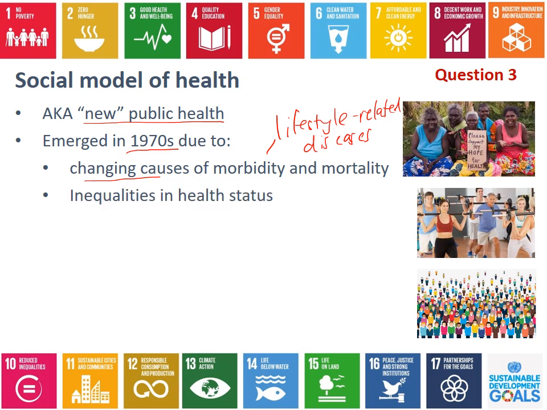Another thing that became really evident at that time was these inequalities in health status. A lot of these we looked at in Area of Study 1, but inequalities, for example, between people with high socioeconomic status and people with low socioeconomic status, or between people from different racial and ethnic groups, Indigenous versus non-Indigenous Australians, males versus females.